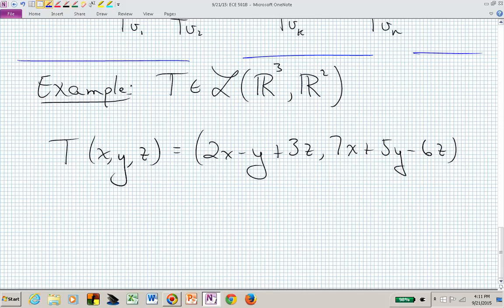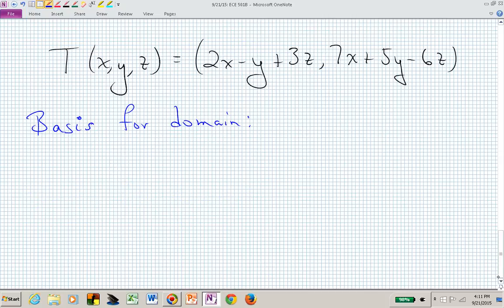In order to create a matrix for this linear map, we have to now start with a basis for our domain space or vector space and a basis for our codomain or vector space W. Suppose we pick for a basis for our domain the following. V1, let me make that 1, 0, 0.